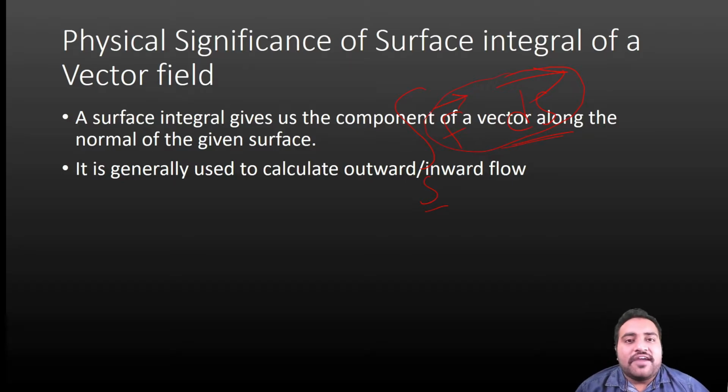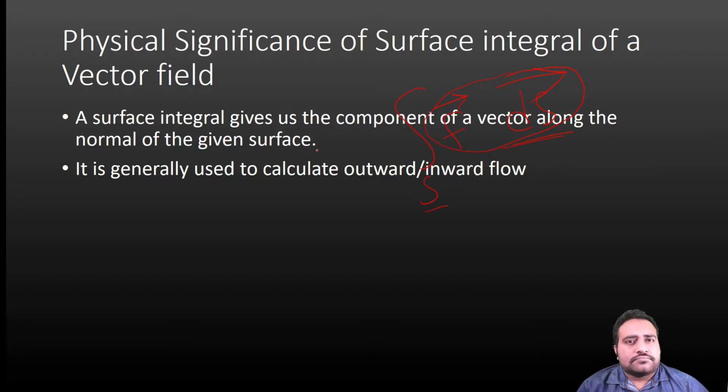Now that we have discussed it, I should also discuss the relation between a closed loop and a surface. In the last section, where a line integral was discussed, I told you that if there is a change in one element, it is possible for us to have a differential length.